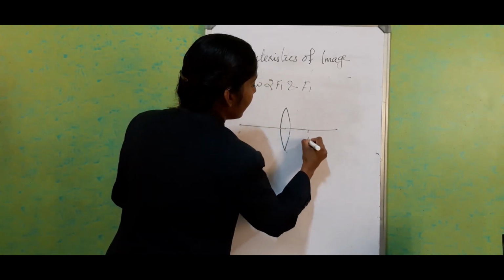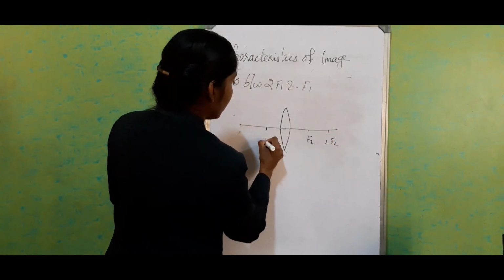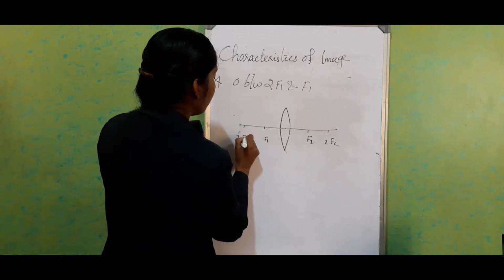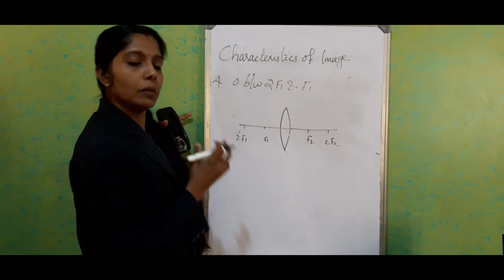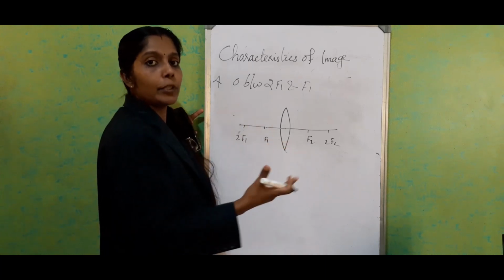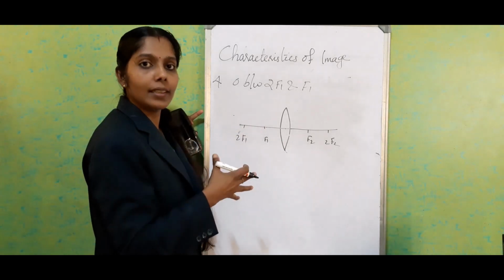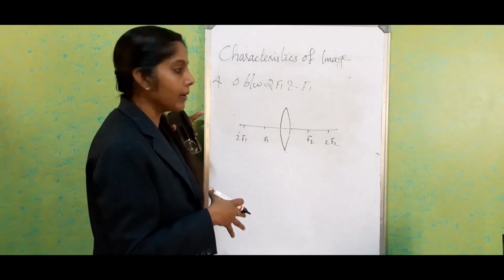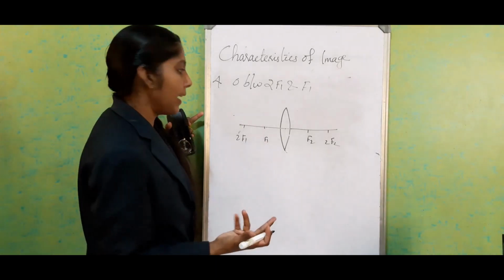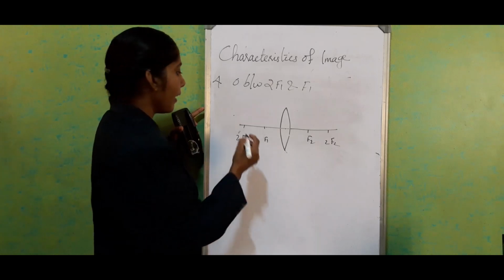Optic center, f2 to f2, f1 to f1. Okay, this is somewhat similar. Even when you see the object position and image position, it's somewhat similar to the concave mirror, but the applications are varied.